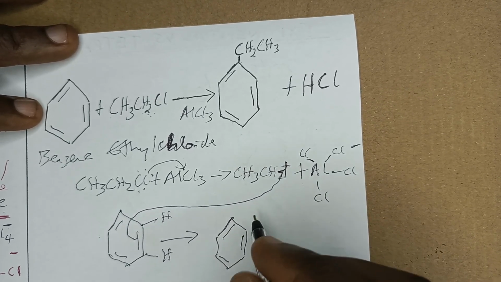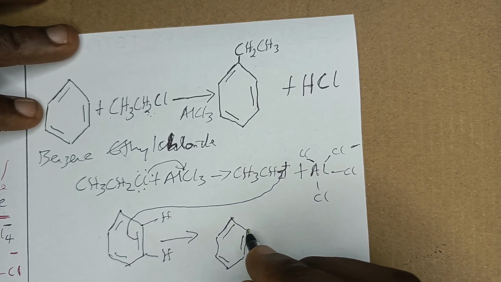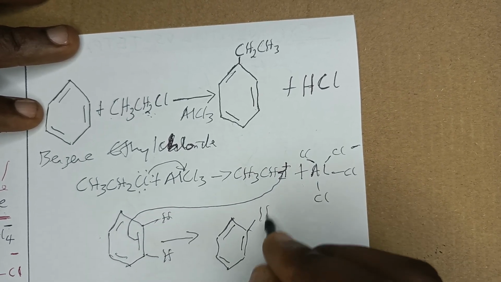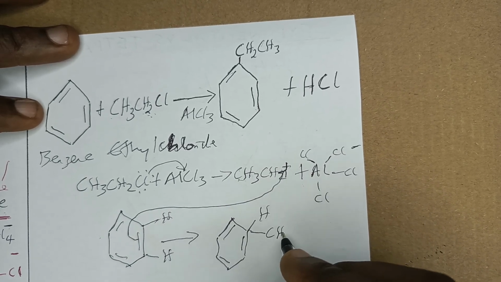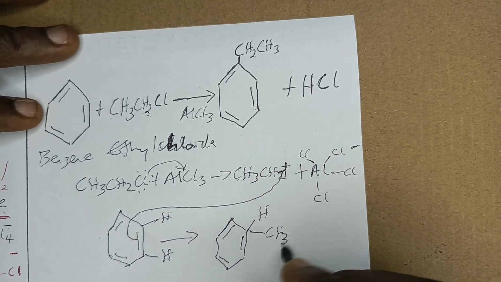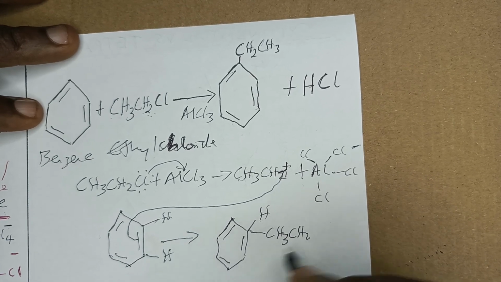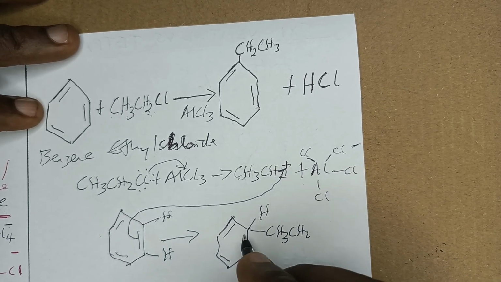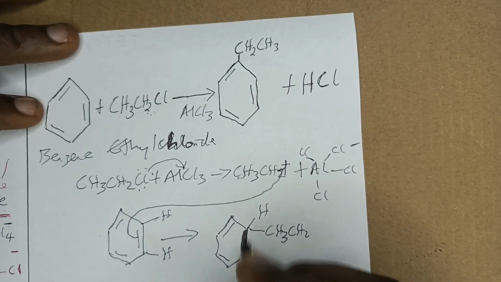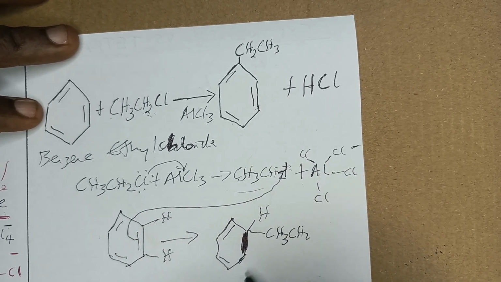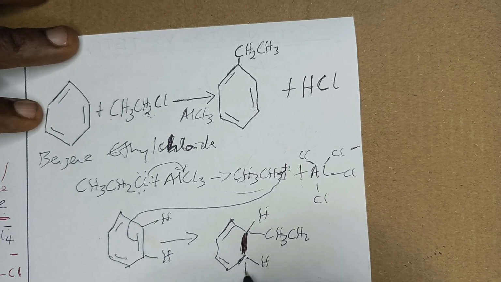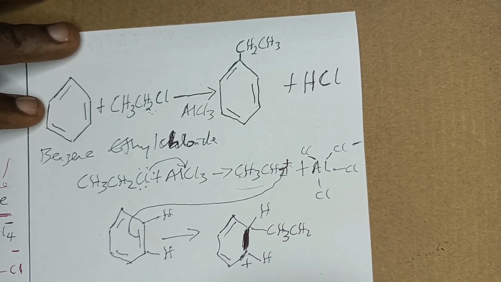So in the mechanism, we are having hydrogen, which is this one as usual. This one has come to attack, so it will be there CH3CH2. At that time this is not there again because it has gone to attack. So what now happens is that it has deposited the positive charge here.